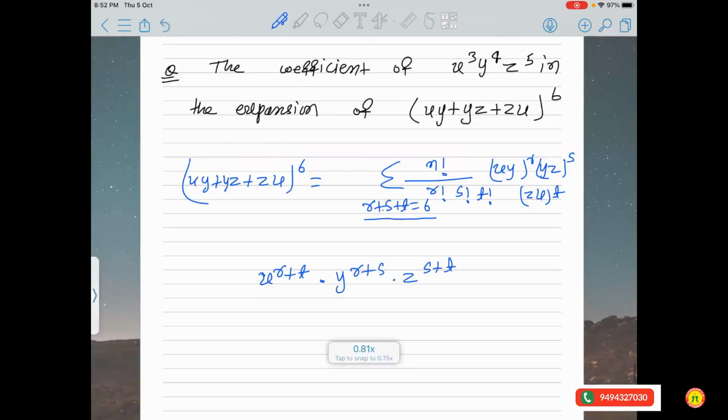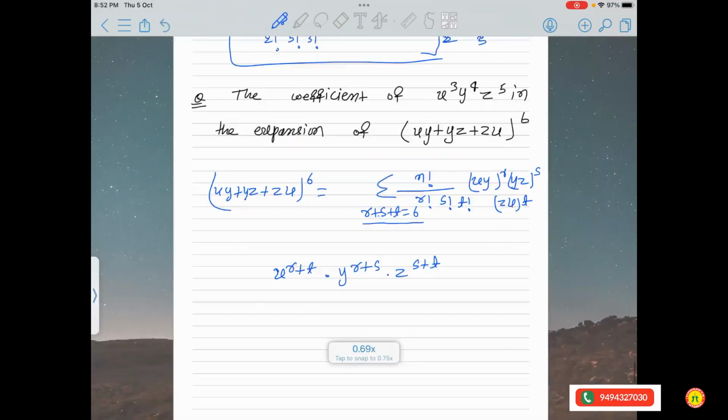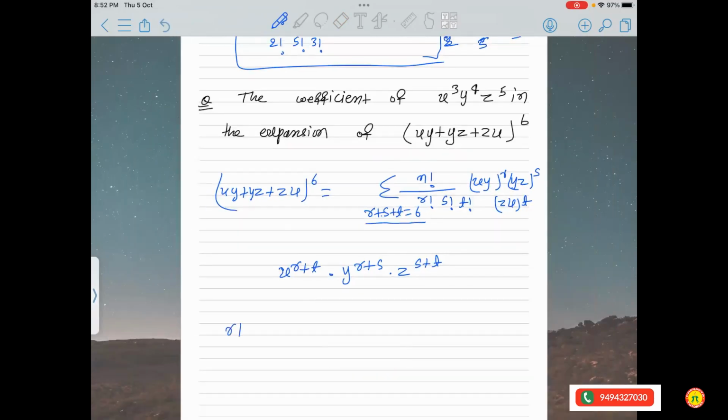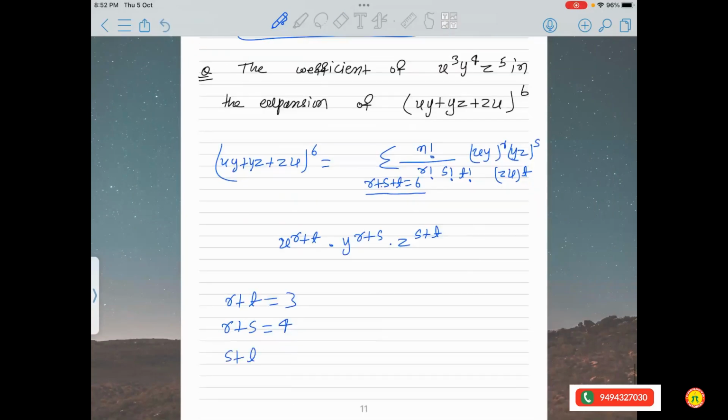Got it? We need to find x cube. It means r plus t equals 3, r plus s equals 4, and s plus t equals 5.